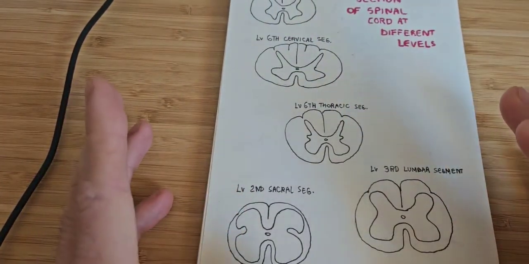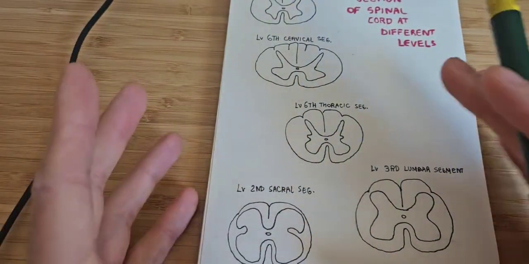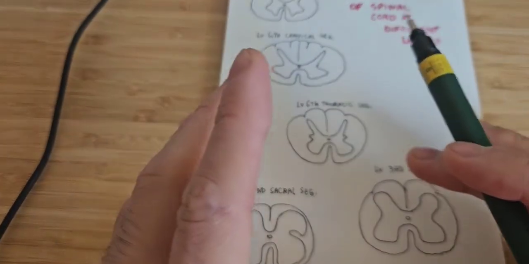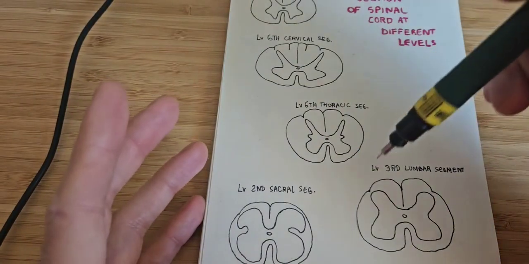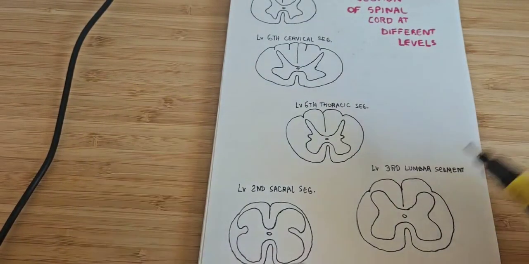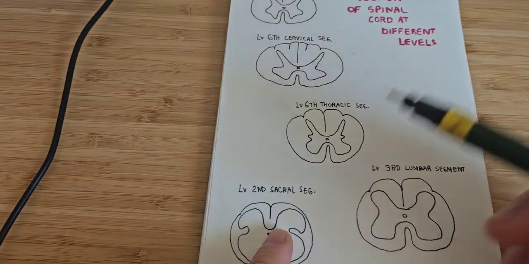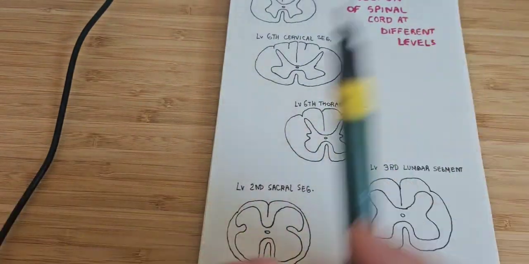The posterior horn contains several distinct nuclei, and all these nuclei play critical roles in processing sensory information.